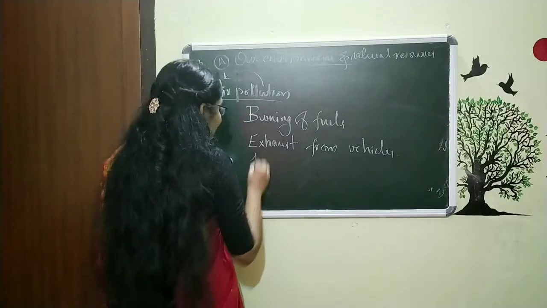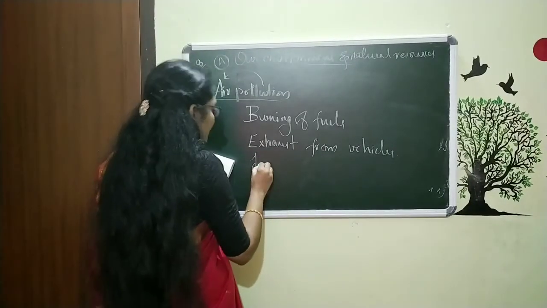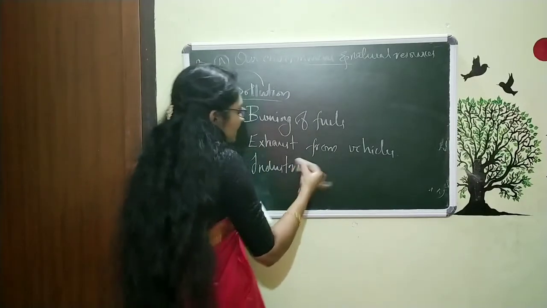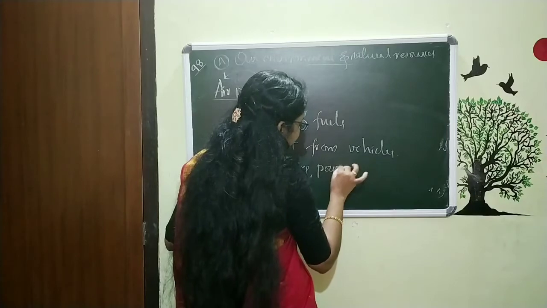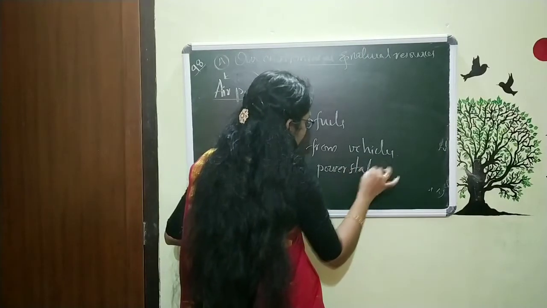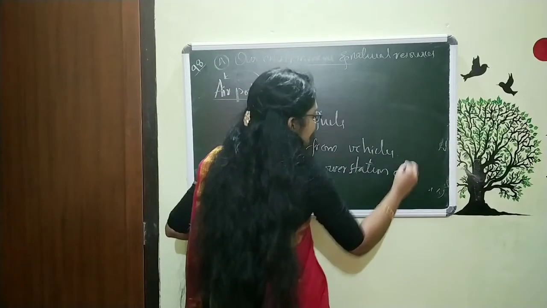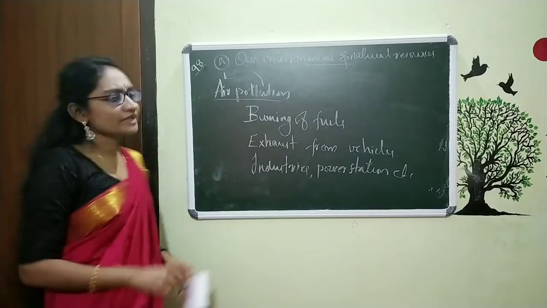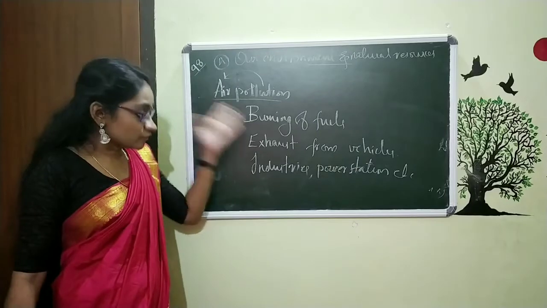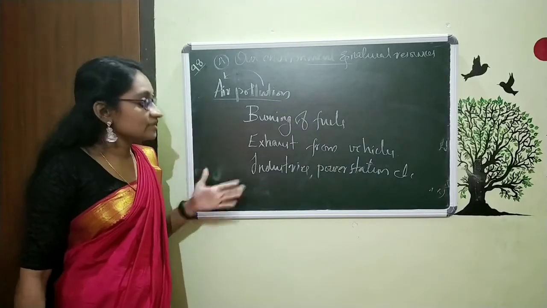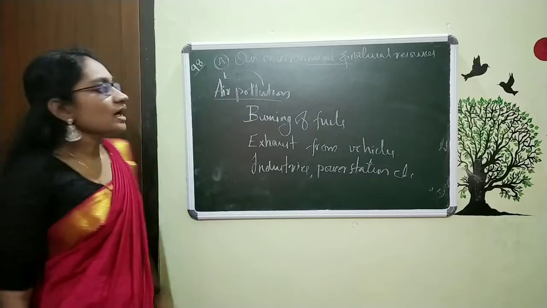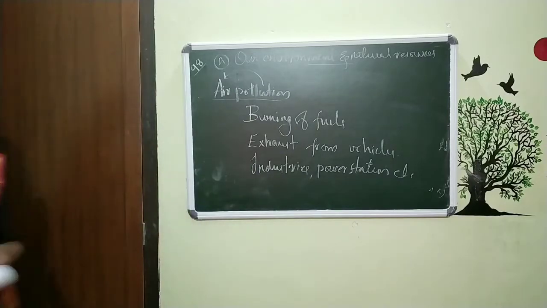And the next is the gases emitting from industries, power stations, etc. So these are some of the causes. You can also add points. So we can say the burning of fuel, exhaust from vehicles, industries, power stations, etc. cause air pollution.